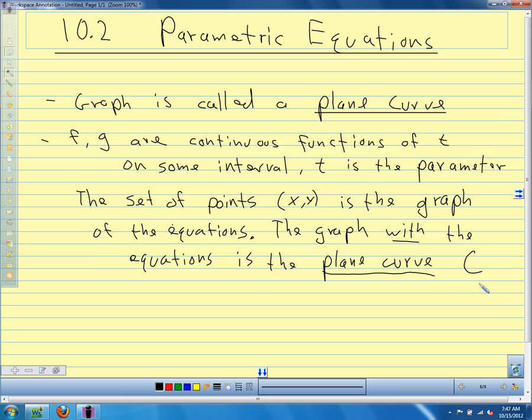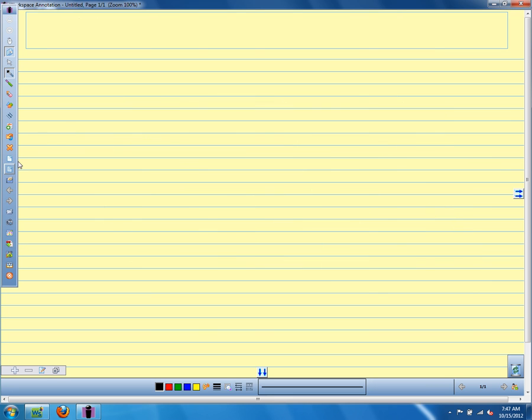So what we're going to do today is just some basic work with parametric equations. If we want to sketch the graph of a set of parametric equations, a lot of times we have to eliminate the parameter to come up with a familiar equation to make a sketch.